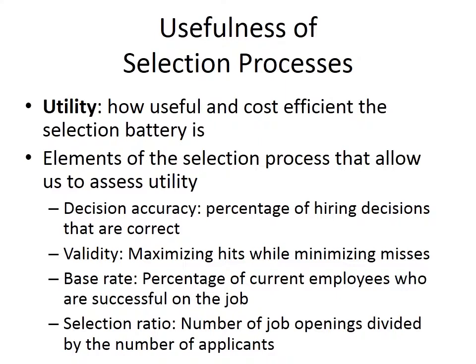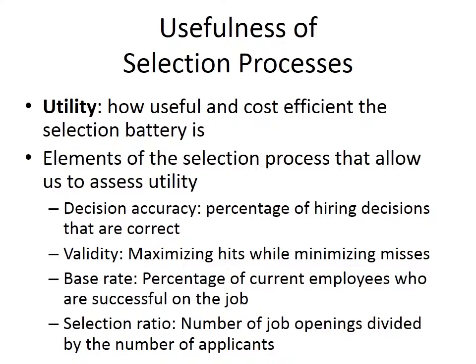And in order to do a utility analysis, what we need to know is basically what is the percentage of hiring decisions that are correct. If you hire 100 people, how many of those people actually end up performing at the level you expect? That's our decision accuracy. We want to know the validity, so basically the coefficients of our prediction batteries, whether it is a multiple cutoff approach, a multiple regression, or a multiple hurdle.